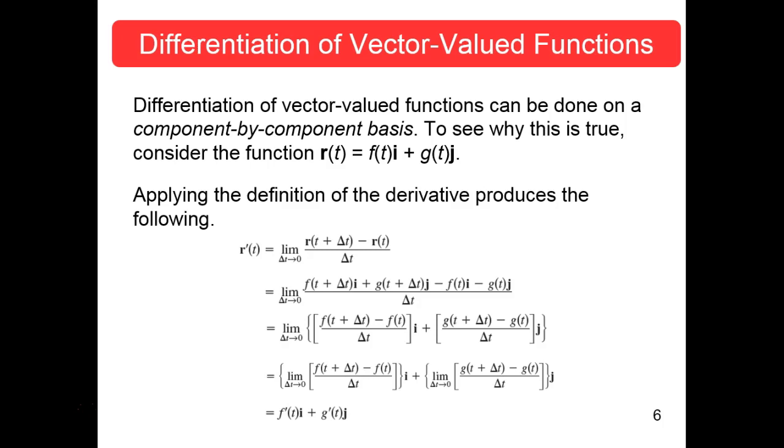So, differentiation of vector value functions can be done on a component by component basis. Just like just about everything you do with vectors, you're dealing component by component. When you're adding vectors, you add this component to that component, you add similar components. Subtracting.